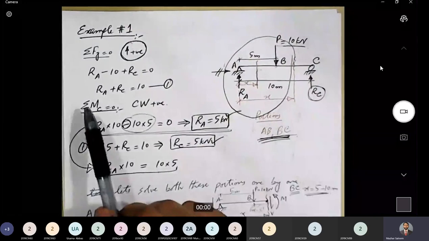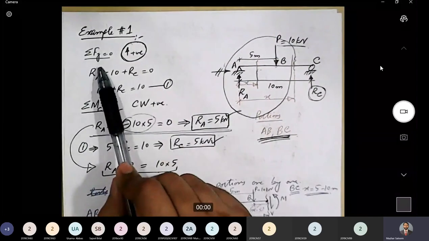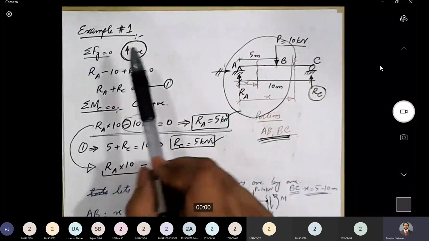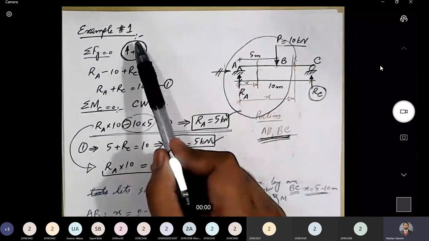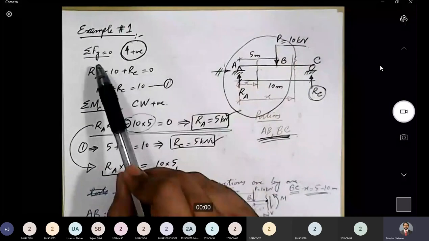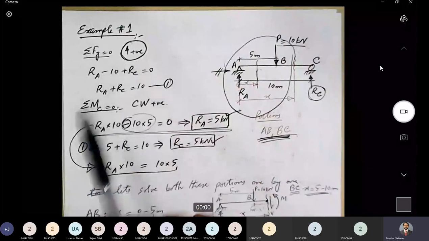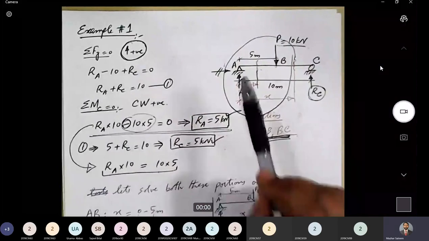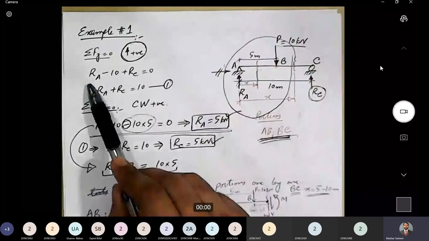Now let's apply the conditions of equilibrium. Sigma Fy equal to 0, and it is recommended to write down the convention whenever you are applying the condition of equilibrium. So for sigma Fy equal to 0, our convention is upward forces will be taken as positive. Now let's start from this side. Ra is acting in the upward direction, so it is positive.